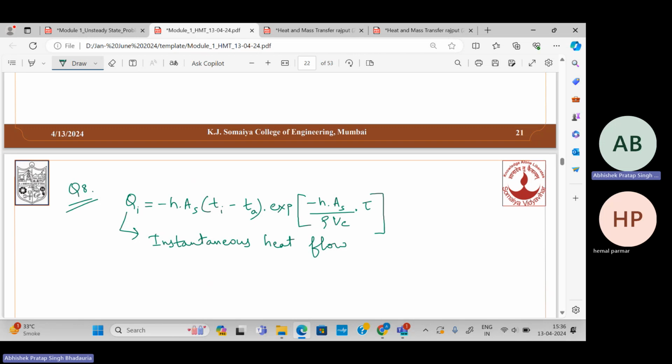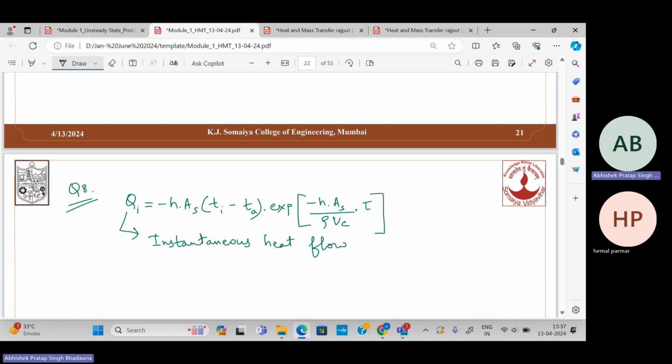So all the values are known to us. The value of h is given. We can calculate the surface area. T_i, the initial temperature, and T_a, the ambient temperature, are known. We know the density and specific heat, and we can find the characteristic length also, that is volume per unit surface area, or we can directly put the values of surface area and volume in this expression.